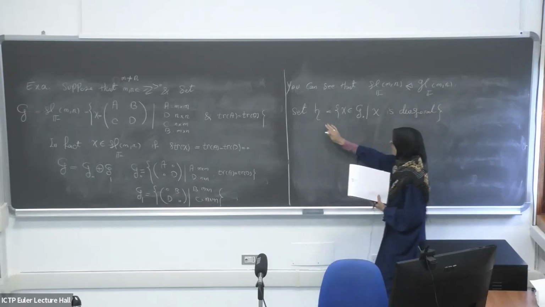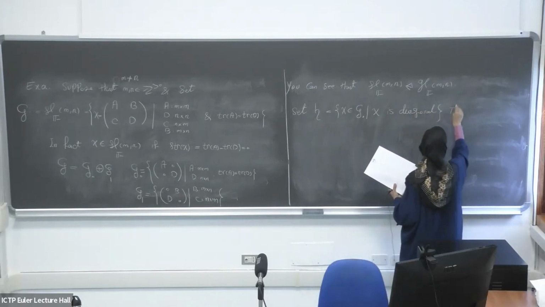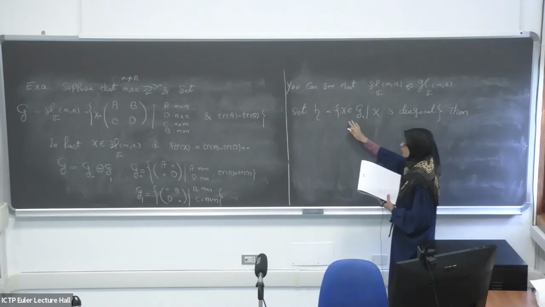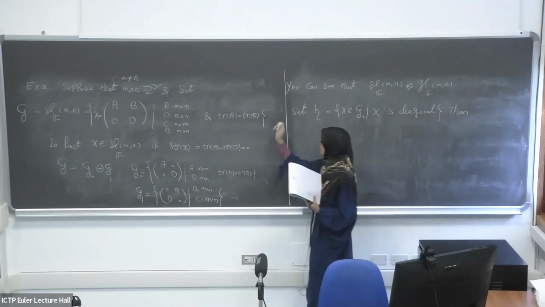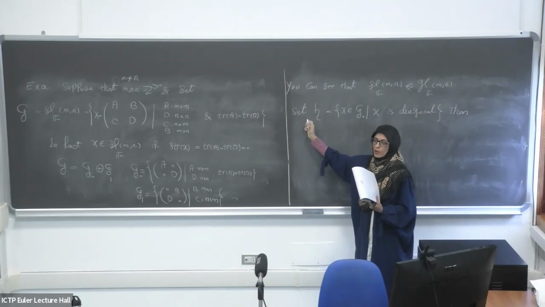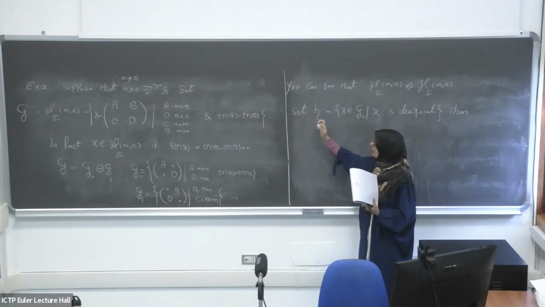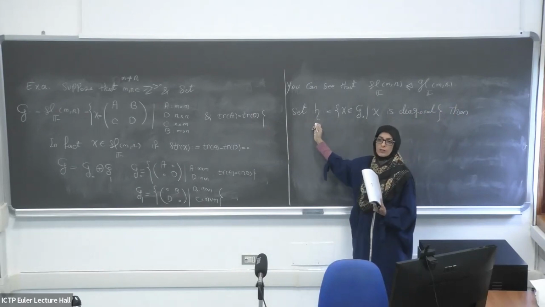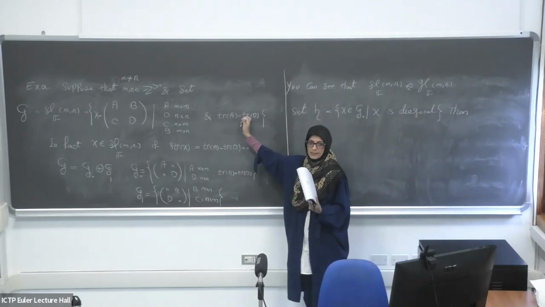If we set H in this way, then we want to find a basis for this H. We should mention that elements in H are diagonal and the supertrace is 0.